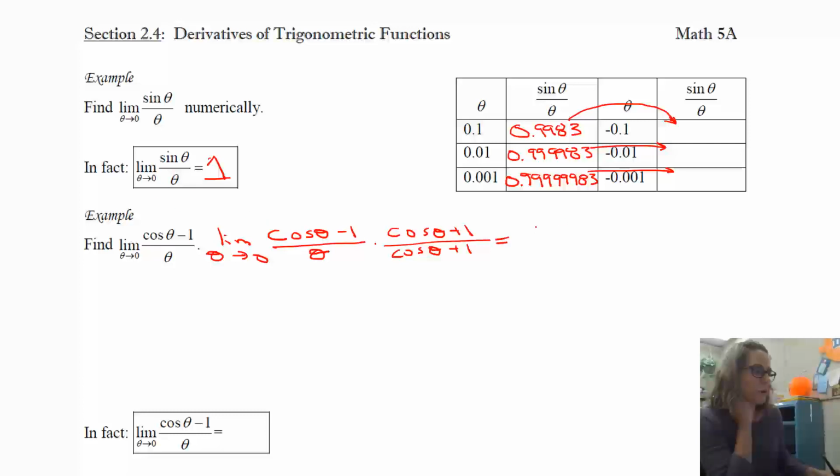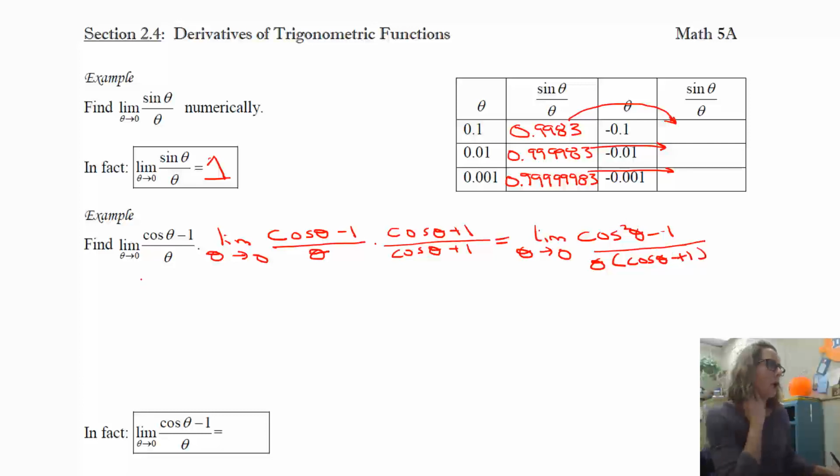All right, so we've got the limit as theta goes to 0. In the numerator, you can multiply that out. Think about that for a second. So as we remember is typical, we may not multiply out the denominator first just to see what happens.